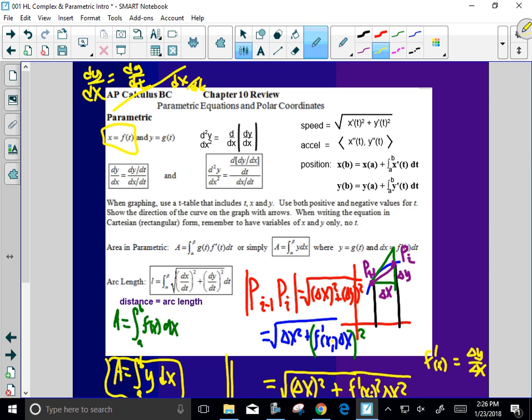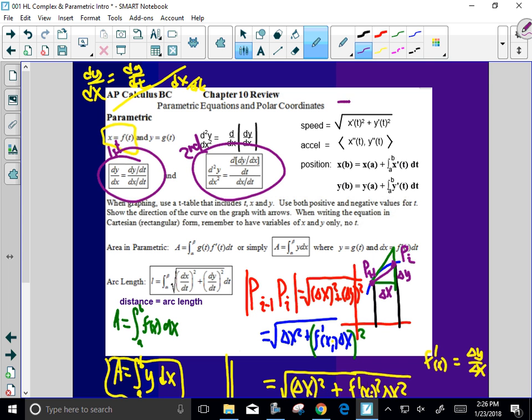And so there's your dy/dx. That's how you find the slope: dy/dt over dx/dt. Now, this one's a little trickier. When you take the derivative of this, it's the derivative of dy/dx divided by dx/dt. We'll look into that a little more, but this is the second derivative. This is the first derivative.